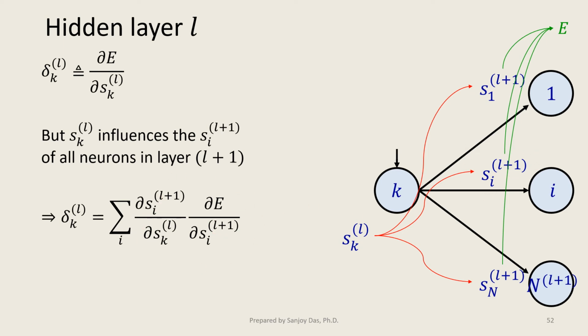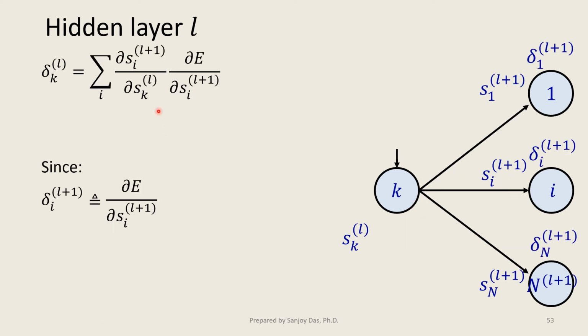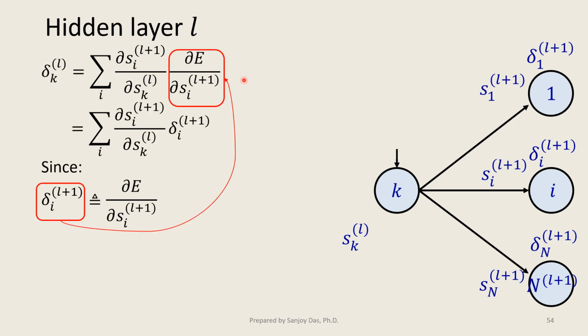This is an important expression. So we have this expression. Now, by definition, delta_i of this layer L plus 1 equals partial E over partial s_i^(L+1). So, replacing this partial derivative with delta, we get this expression here.